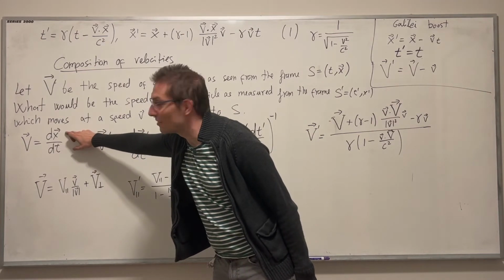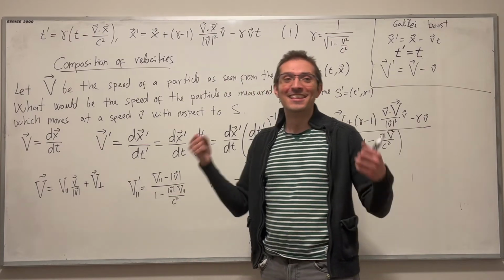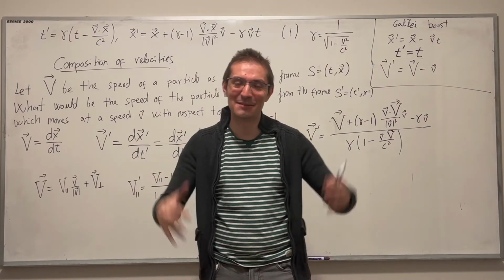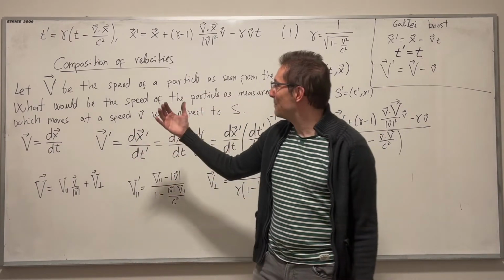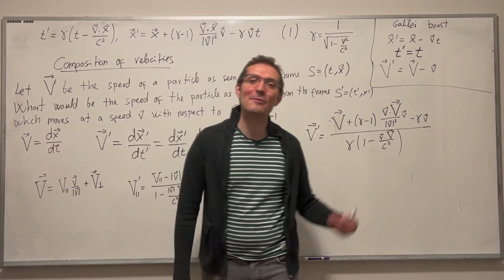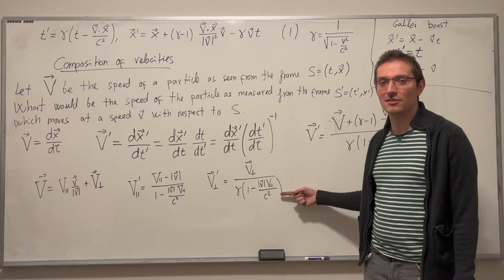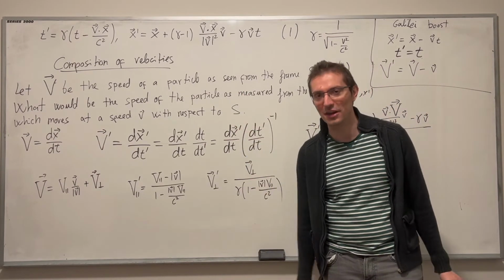Even if the components of x don't change, the dt does change. The differential of time changes. I'm speaking roughly here because we will see differential geometry later on. But basically, the time changes, and therefore the variation with respect to time will be different. So there is a transformation of the perpendicular components of the velocity of the particle as well, perpendicular with respect to the velocity between the two frames.